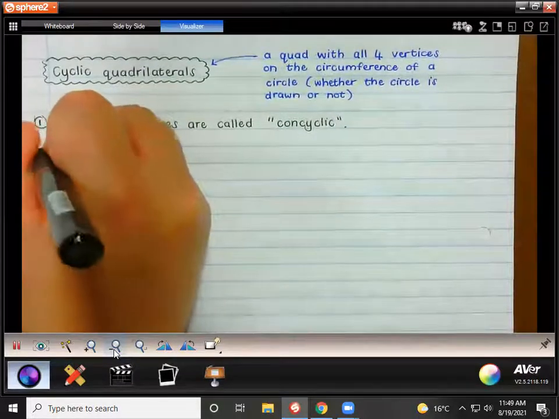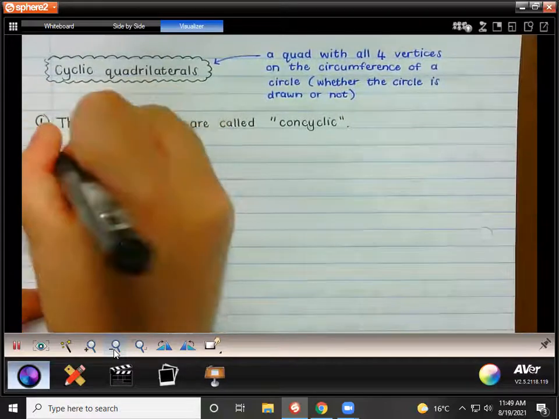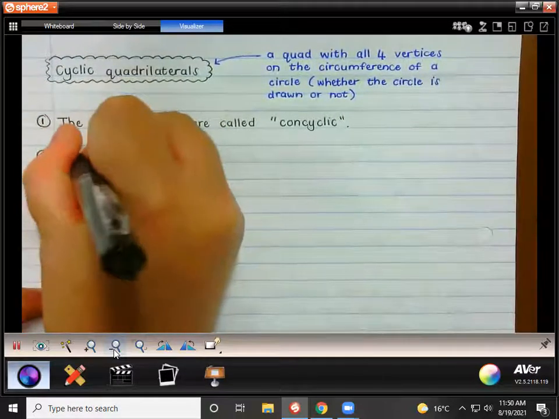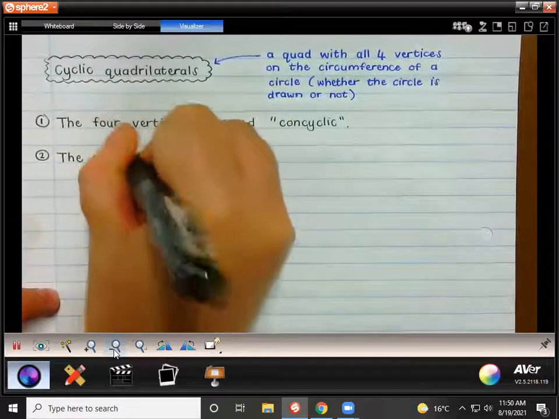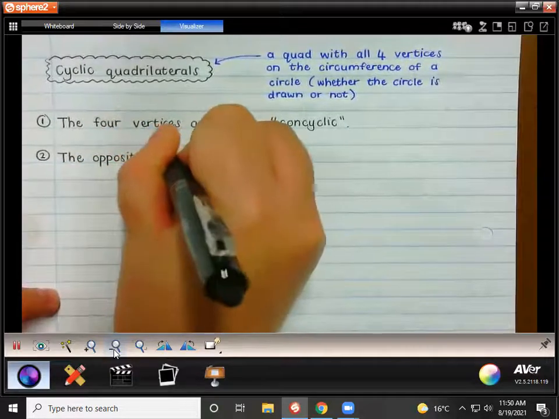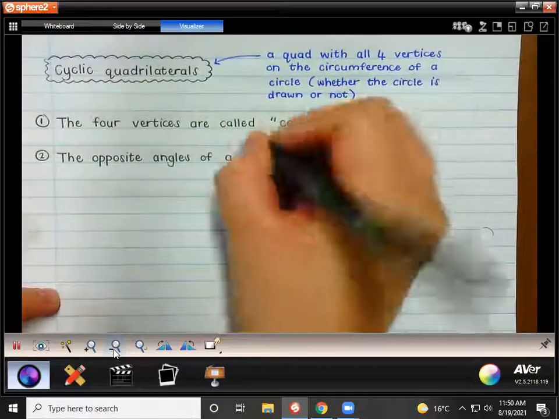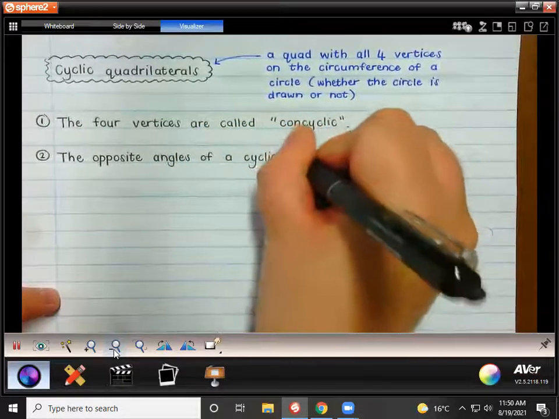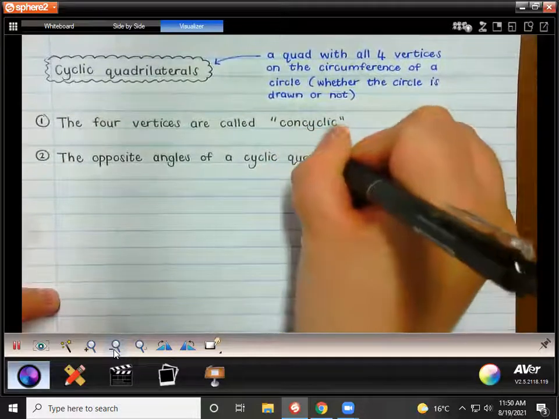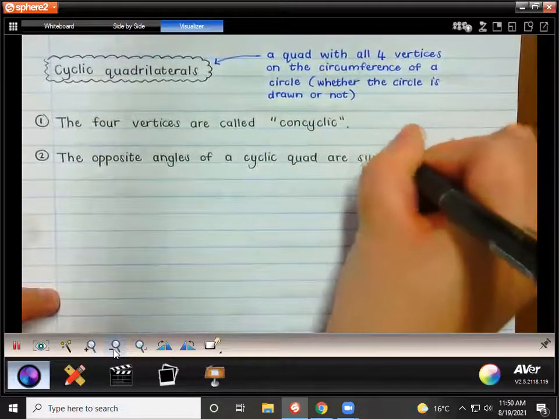Now, number 2 is actually a theorem that we are going to prove. This is saying that the opposite sides, sorry, not sides, angles, the opposite angles of a cyclic quad are supplementary.